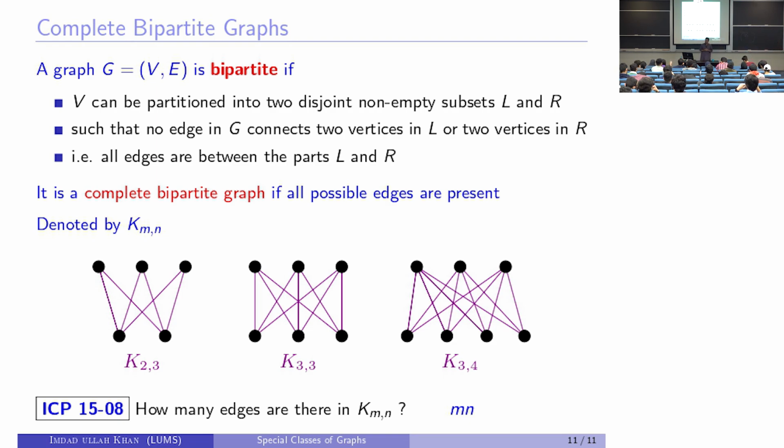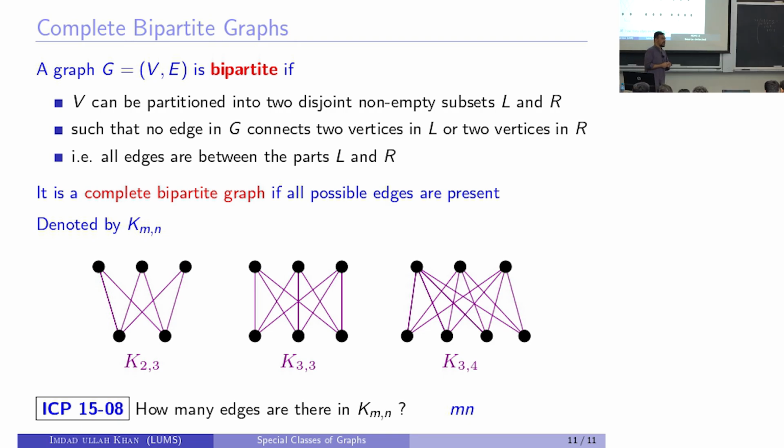Why 2 times m plus n? It's m times n, because first m times n for the top ones, and then n times m. Yes. So every vertex in the top set has degree n, so the sum of degrees will be m times n. Every vertex in the bottom part has degree m, so it will be n times m. The total sum of the degrees will be 2 times n times m, which is why the number of edges will be half of that.